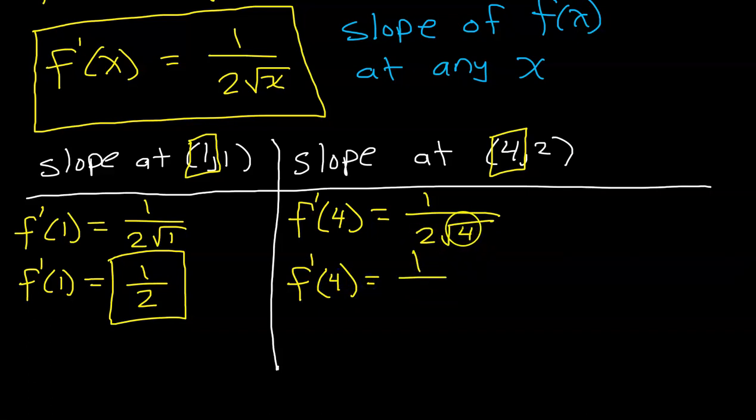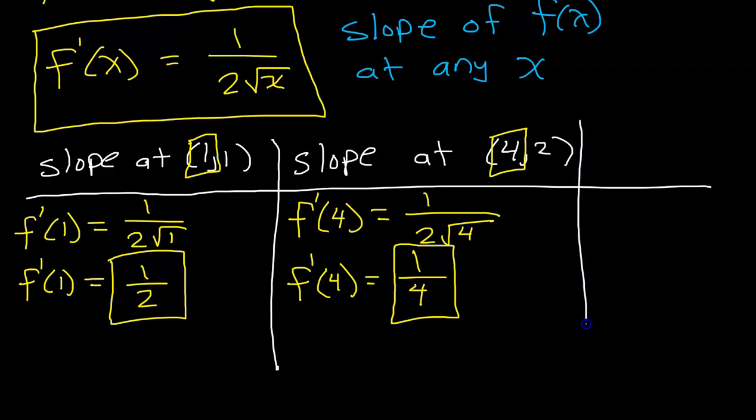The square root of 4 is 2. So that's just going to be 1/4. All right, so the slope of the square root of x at the point (4, 2) is 1/4.